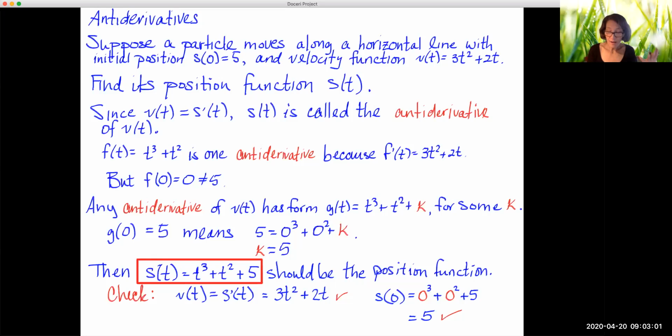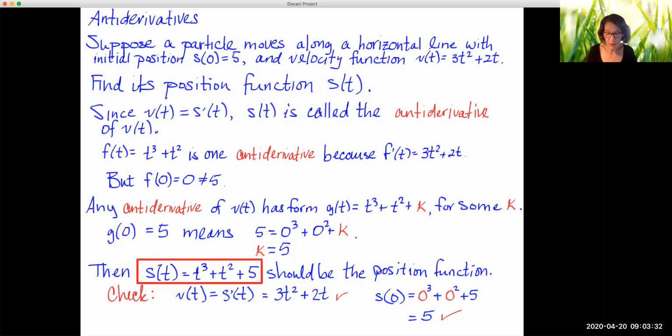But we saw that there are many choices. If you're given a derivative and you're looking for an antiderivative, we had infinitely many choices in this example because there was a constant that could be any constant and it would still work. But that's why we were given the initial position, S of 0 equals 5. That allowed us to find a specific constant for this specific situation.